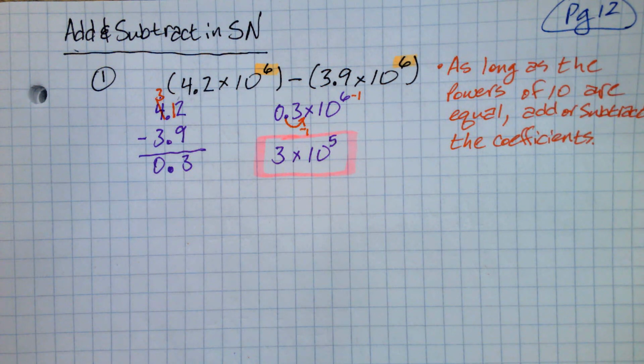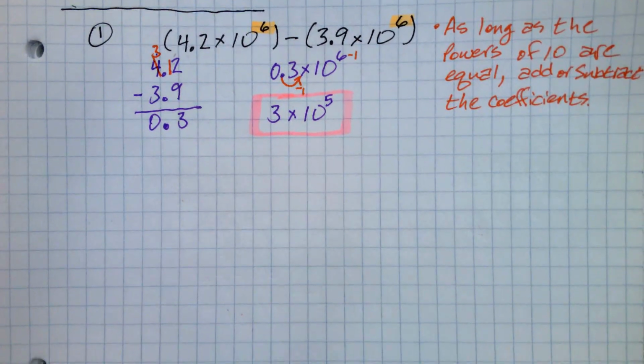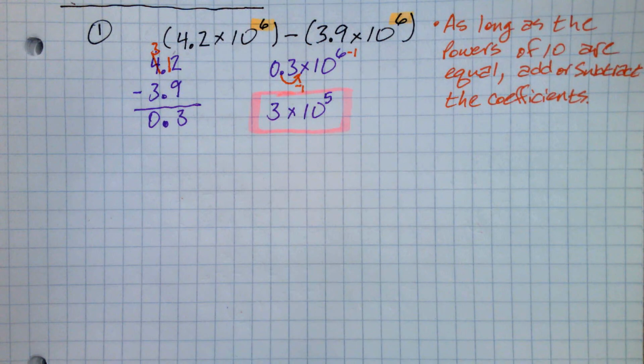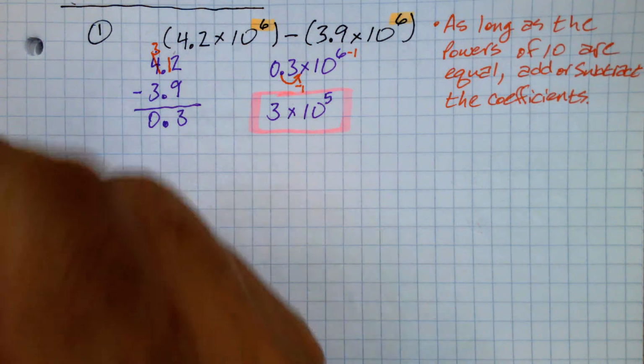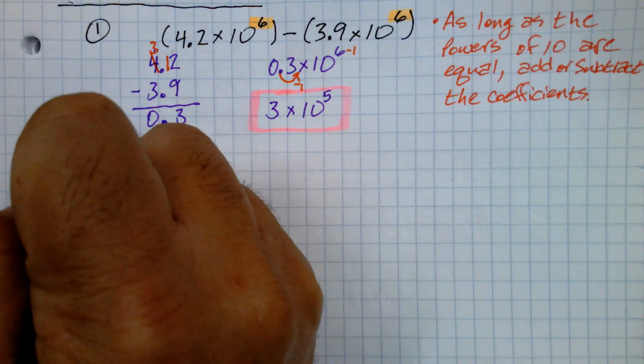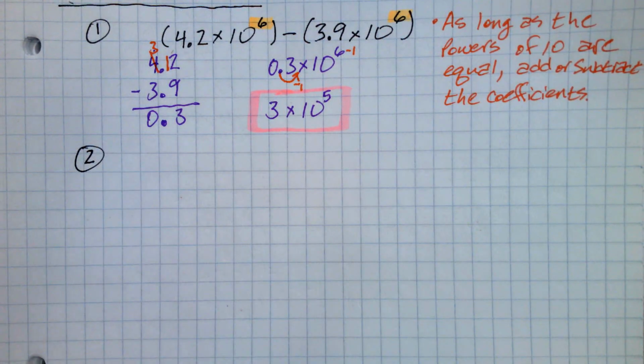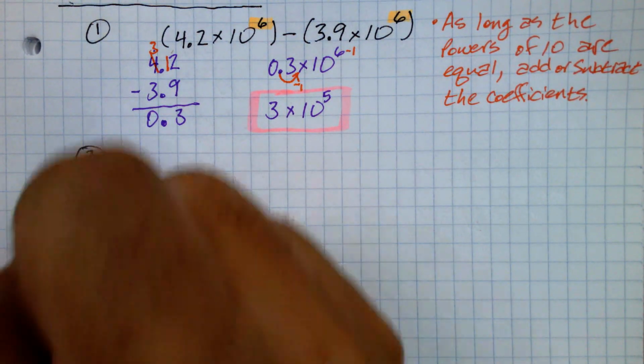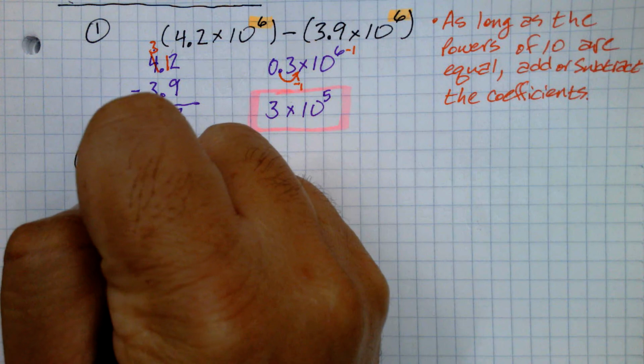So the next two examples, we're going to have to adjust our exponents so they're equal. Okay? Let's practice that. I'm going to move this up a little bit so I can see the next example, number dos. So the next example, we'll do addition.